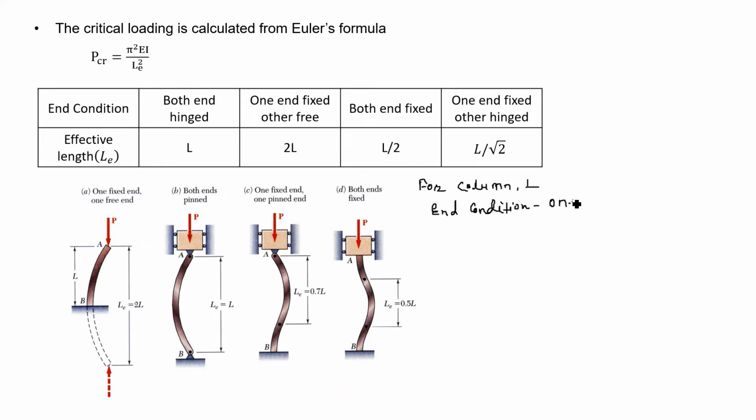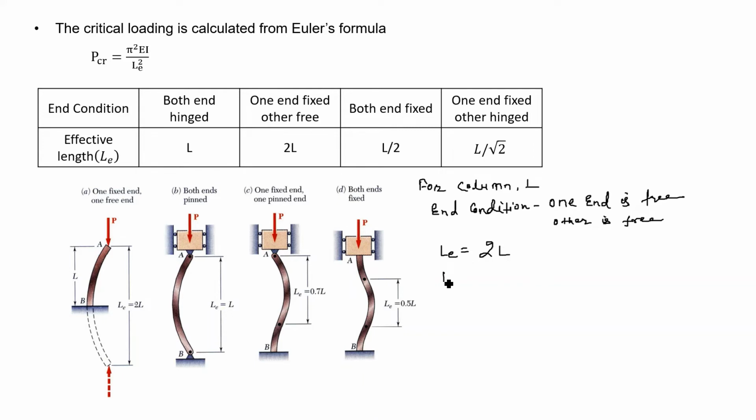So, we may say that the effective length for this column will be 2L.